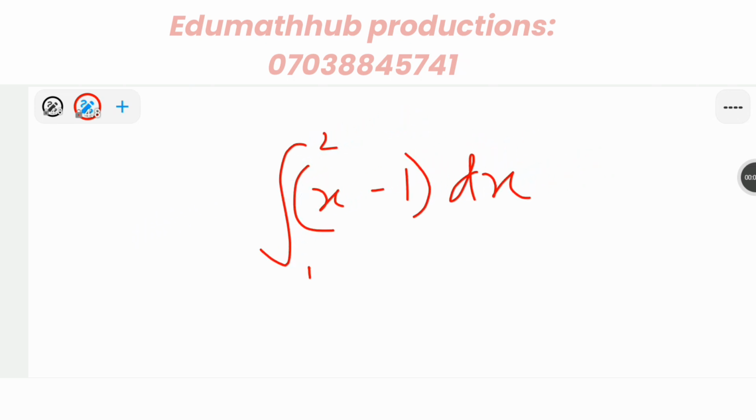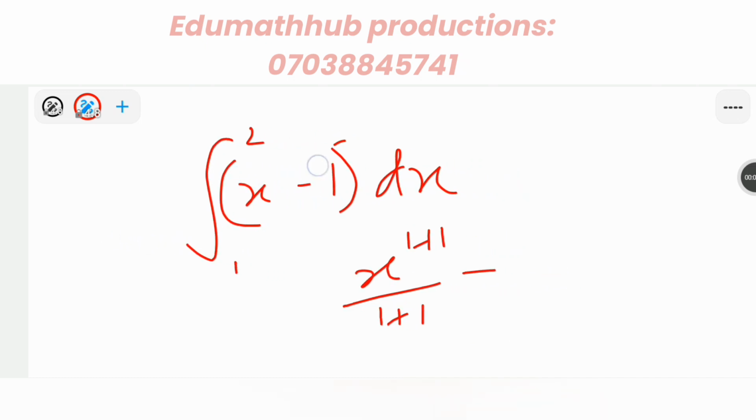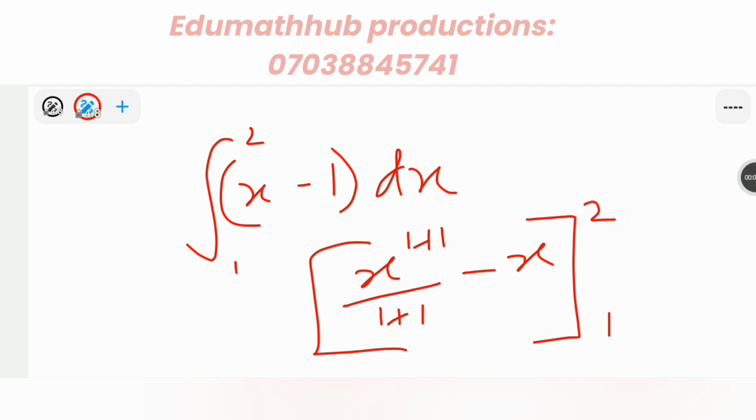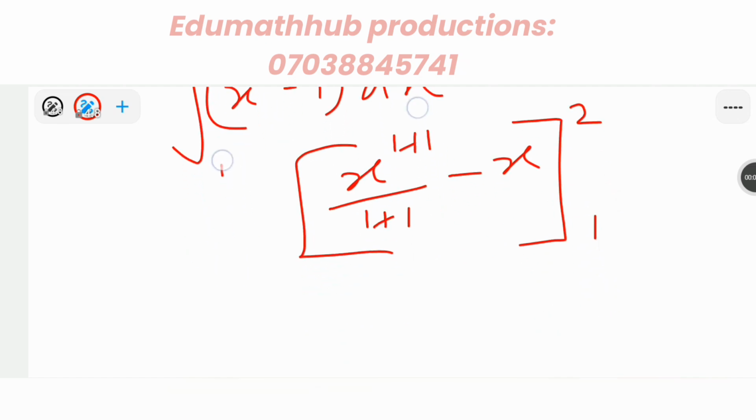Okay, so when you integrate x, you're going to get x raised to the power 1 plus 1 over 1 plus 1, because there's an imaginary 1 here, minus, if you integrate 1, it is just a constant. If you integrate it, you're going to get only x. Then put your square bracket, include the limit 2 to 1. Then finish it up from here.